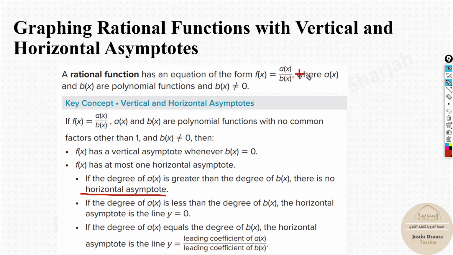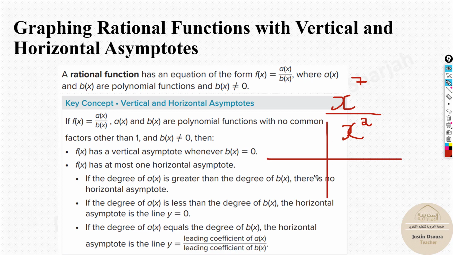Here we need to look at the functions: what is the equation, and what's the degree of each term? If the degree of the numerator is greater, say it is 7 and over here we have x power 2, in such cases there is no horizontal asymptote.